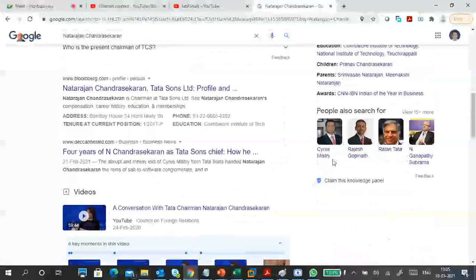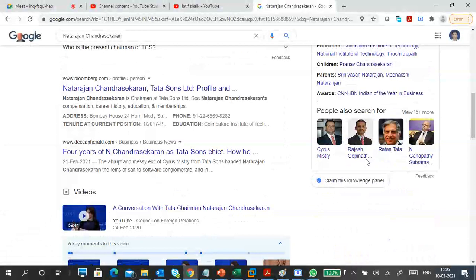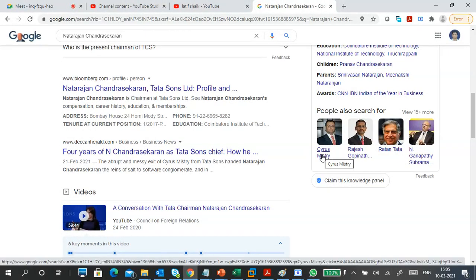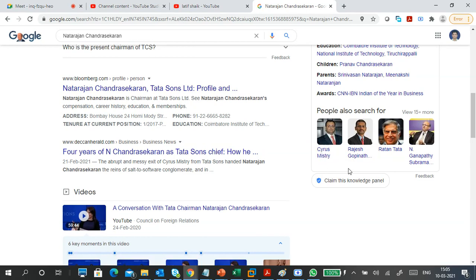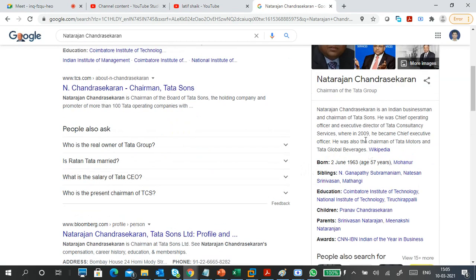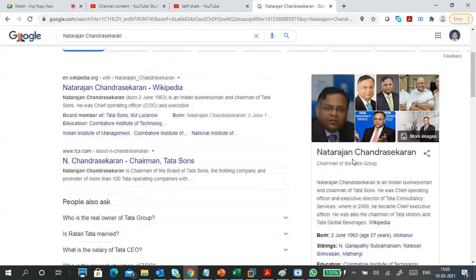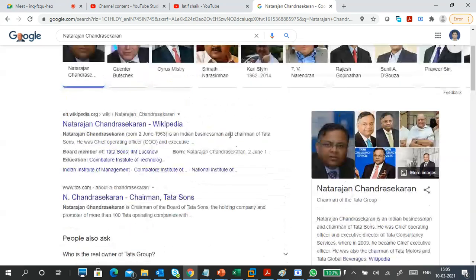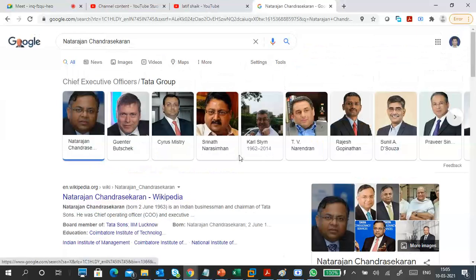Okay, so these are the previous ones. Gopinath is also gone. Cyrus Mistry is an old one, he got some controversies and he's gone. The current one is Natarajan Chandrasekharan, I think. He got popular, but the remaining people are not popular.